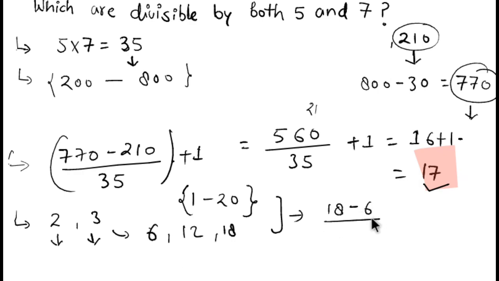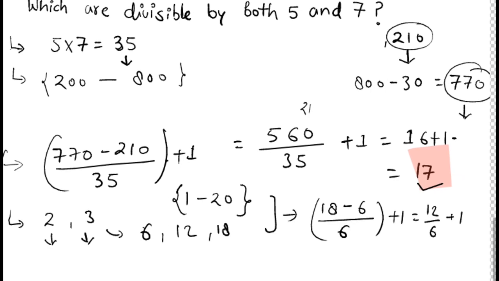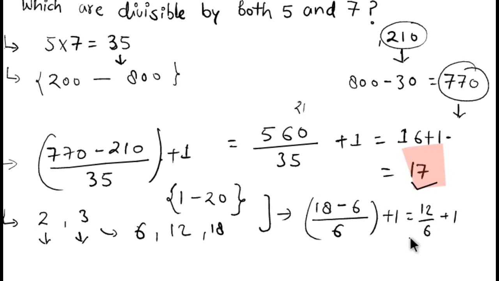So I apply the same method: 18 minus 6, divided by 6, and add 1 to it. 18 minus 6 is 12, 12 by 6 is 2, plus 1 is 3.